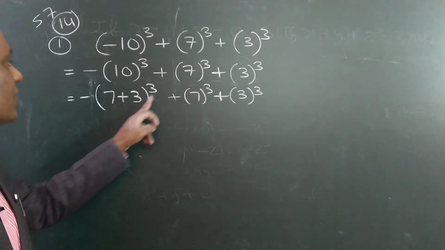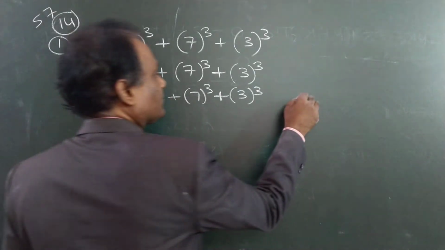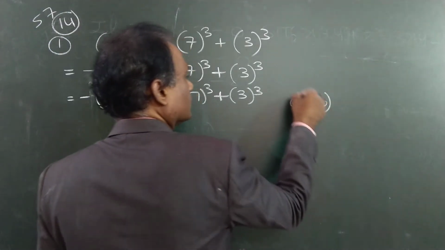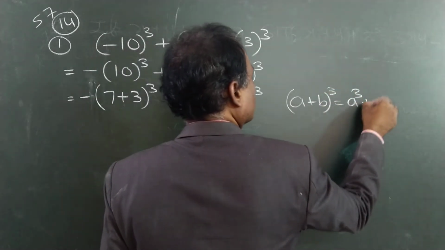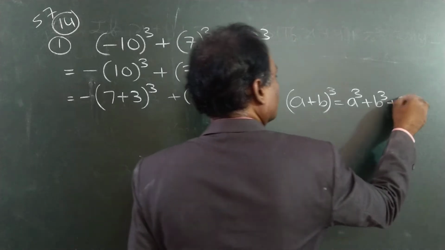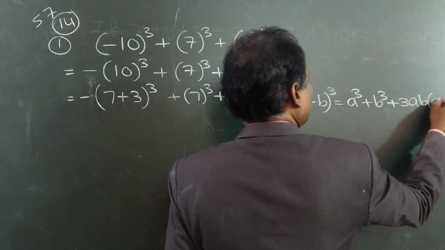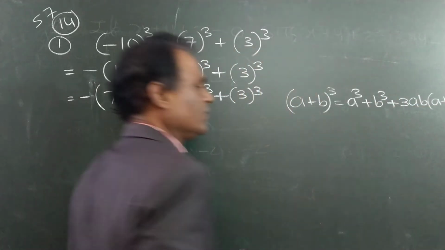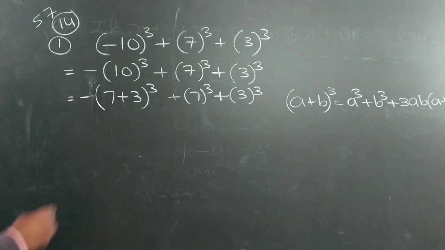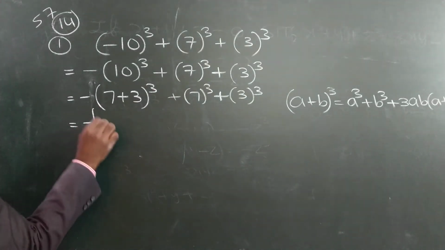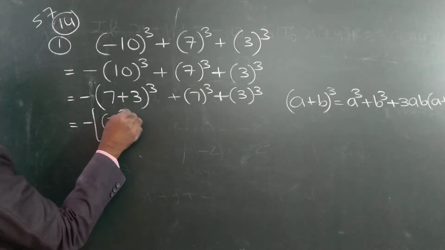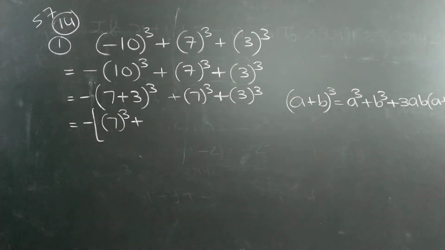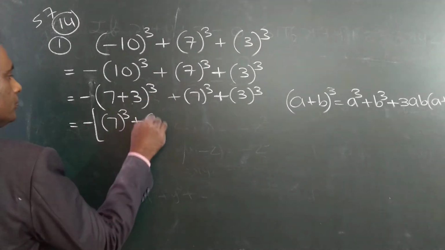Now, a plus b whole cube formula. We can write it in two ways. A cube is 7 cube, B cube.